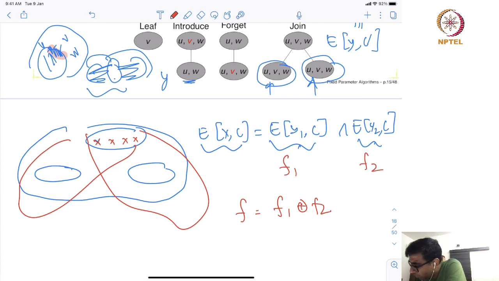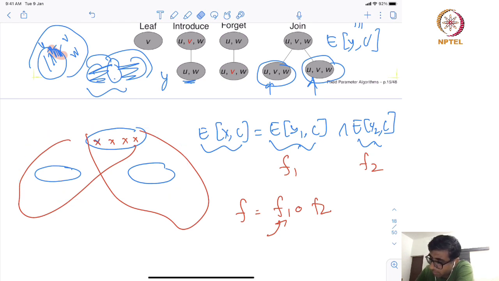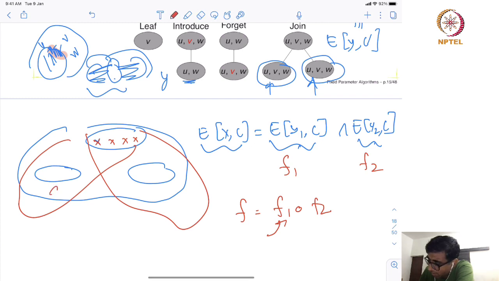Let's say concatenation. Basically, for any vertex y which is not here, you follow F1 for y. Suppose I had a vertex A here and some vertex B on the other side of the graph.